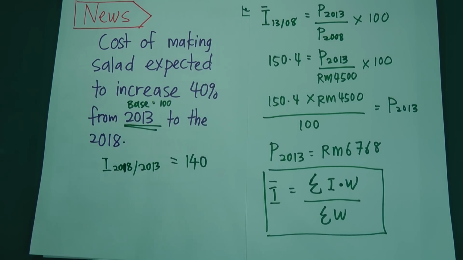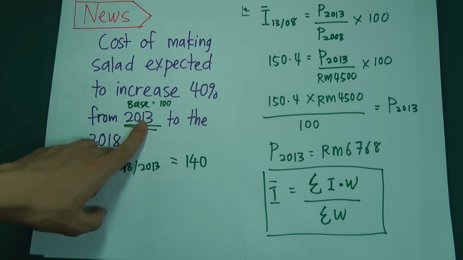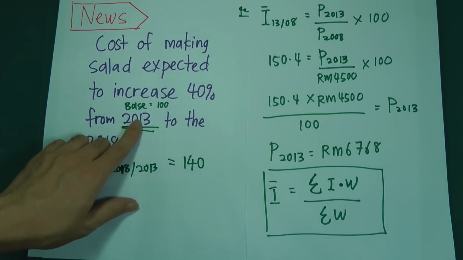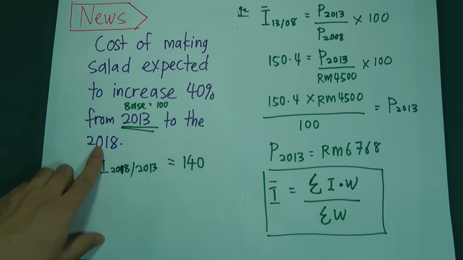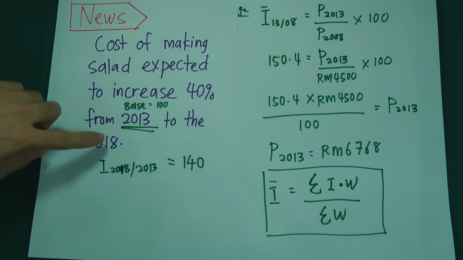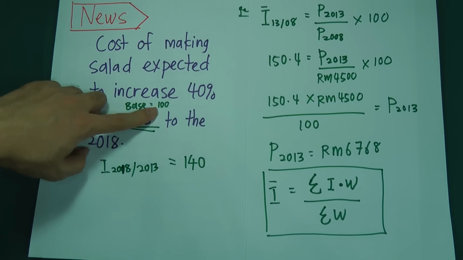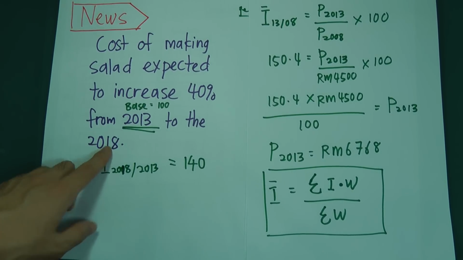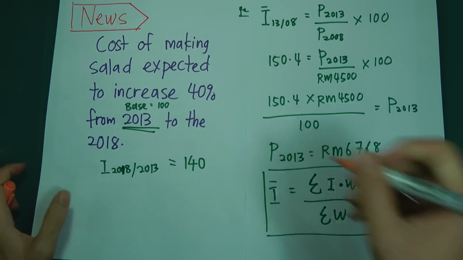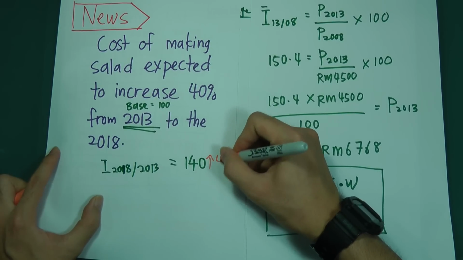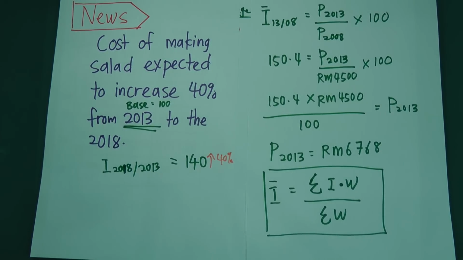If you write 40, you got it wrong, because based on year 2013 now, already the date in the future is 2018. So from 2013 is 100, increase 40%, obviously it's 140. Because I say 140 means that we increase 40% already. So you must be able to write out this one in order to continue.